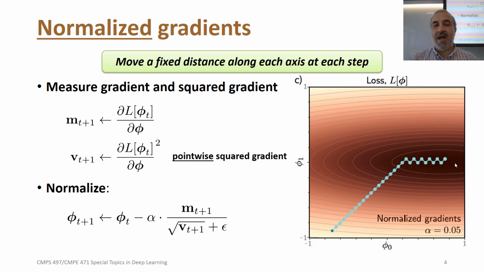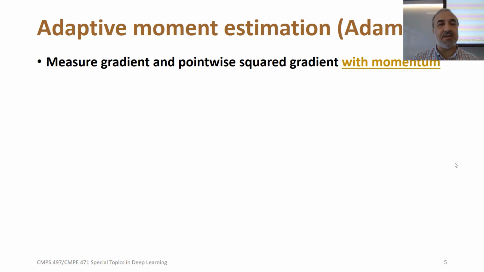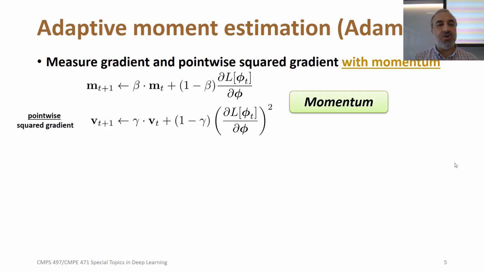Okay, now Adam, which is short for adaptive moment estimation, takes this idea and adds to it the momentum idea. So it will measure the gradient and the squared gradient with momentum. So instead of saying m is just the gradient, now m is the momentum, taking into consideration all the previous gradients for previous batches.